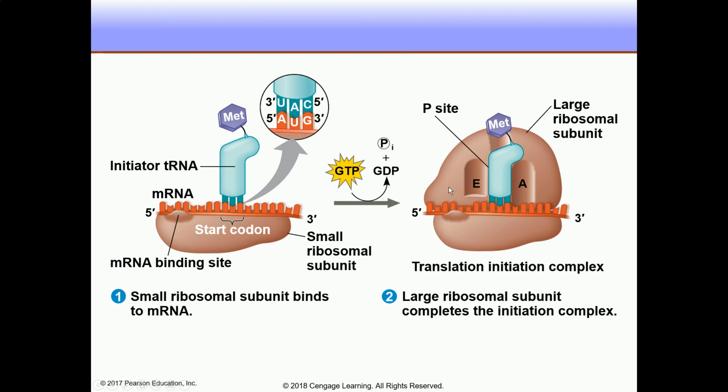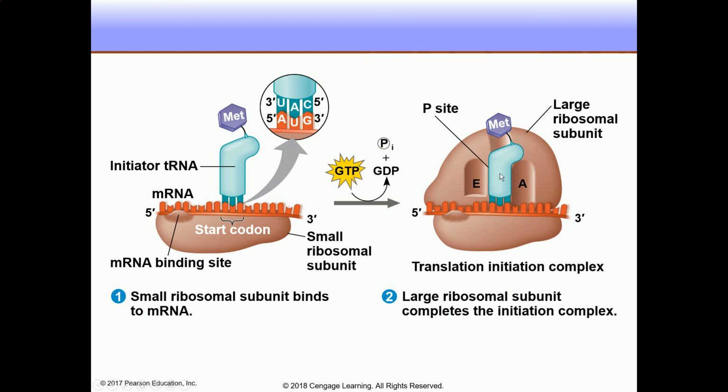And there is also an association of the larger subunit of the ribosome, and this is the translation initiation complex which is formed. The important thing to know here is that on the mRNA, the start codon is AUG, and on the transfer RNA, the anticodon is UAC.